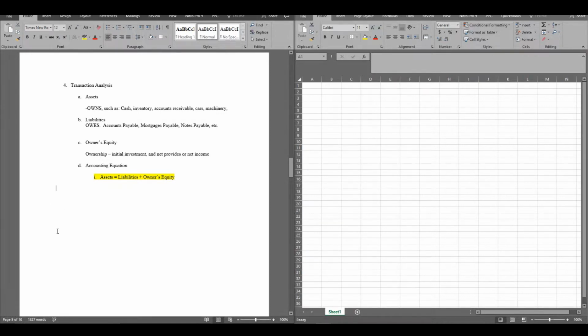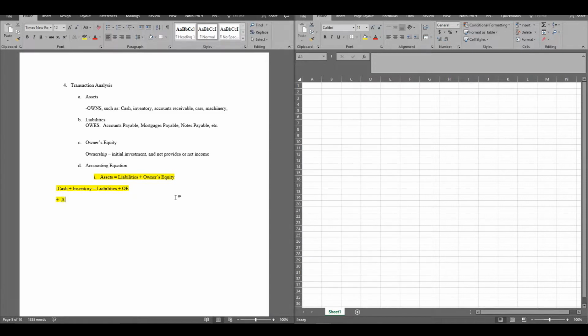If we purchase something with cash, we subtract cash, so we have less cash, but we might add inventory. And that's both on the asset side, so liabilities plus owner's equity stay the same, but we subtracted one asset for another.